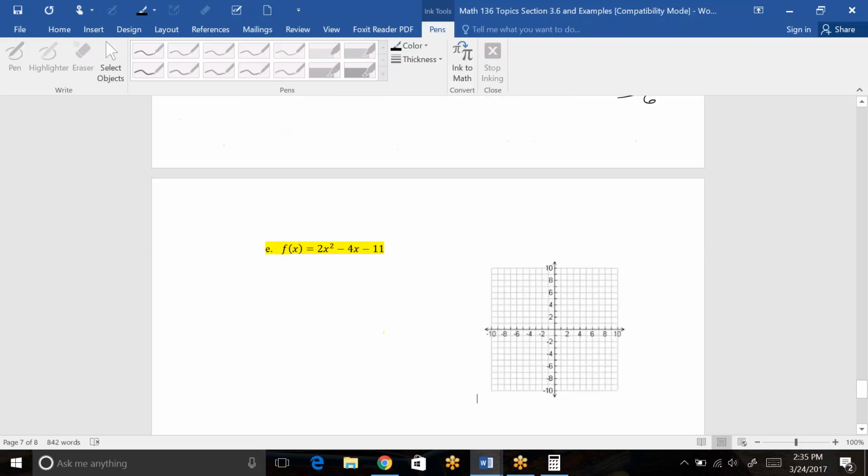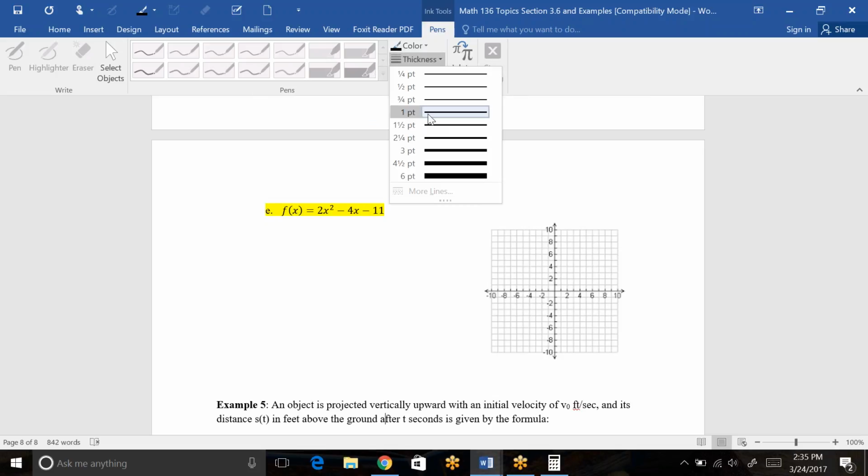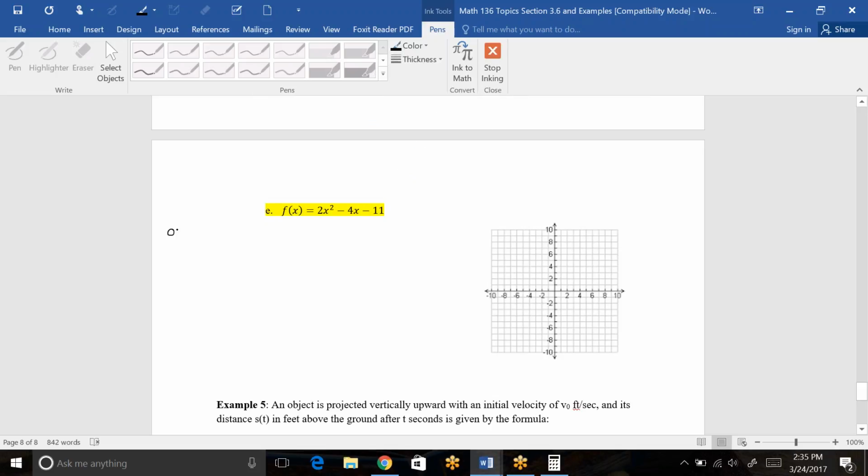And then the final graphing problem. This one is going to open up because it has a positive in front of x squared. The vertex, x equals -b over 2a, so that's 4 over 4, which is 1.